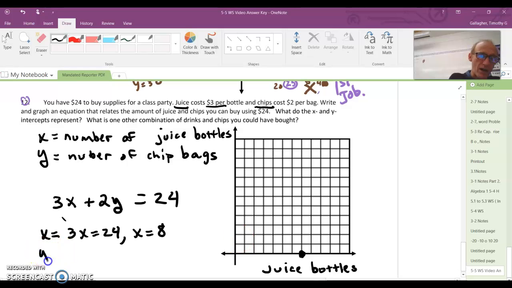And 2y equals 24, so y equals 12. So 1 through 12, and this is the chip bags.